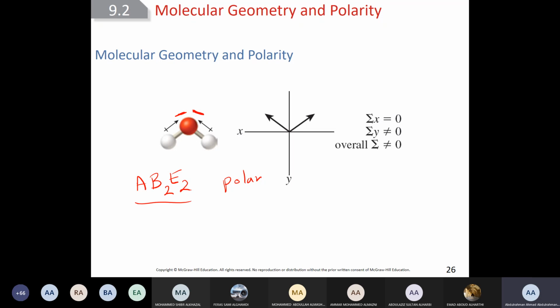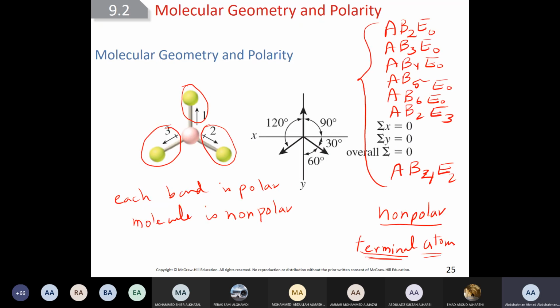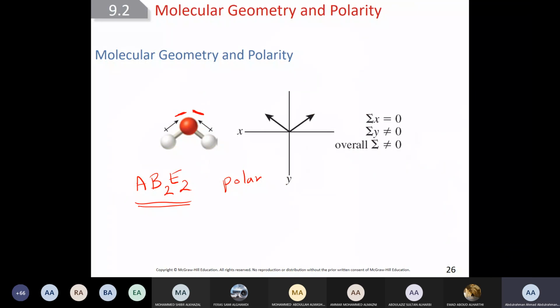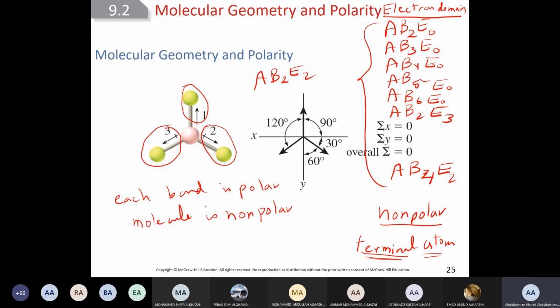Look at the shape here. That's the electron domain shape. Is it among these? These electron domain shapes are non-polar. AB2E2, which we just wrote a while ago, is it polar or non-polar? Is it among these?